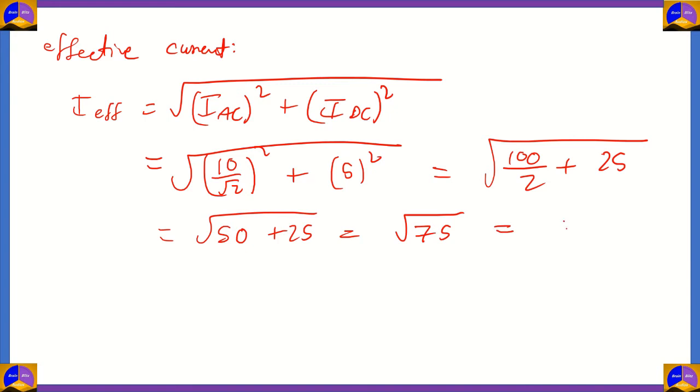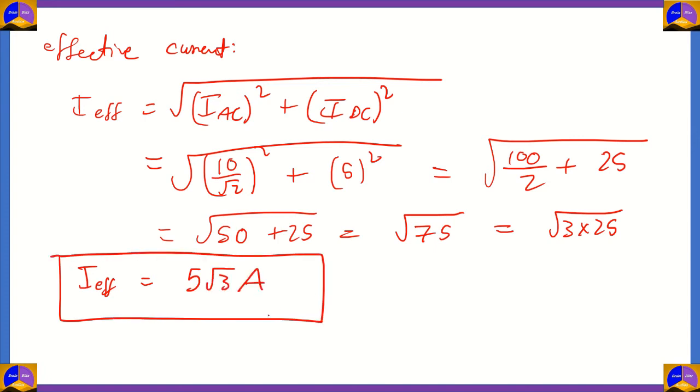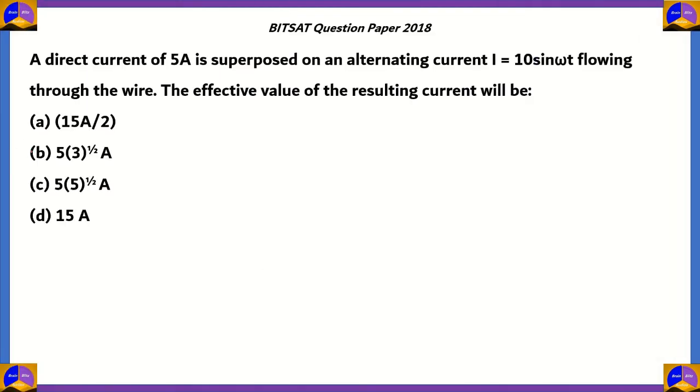So 75 can be written as 3 times 25, put that under a root, and you know that root of 25 equals 5, so therefore the value of I effective is 5 root 3 amperes. So the correct answer to this question will be option B, 5 root 3 amperes.